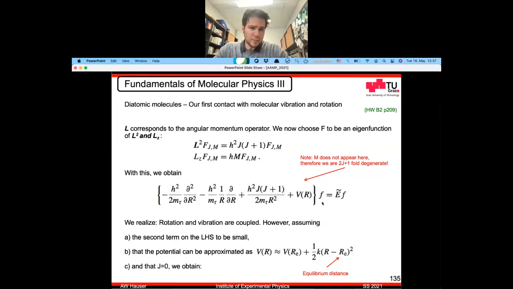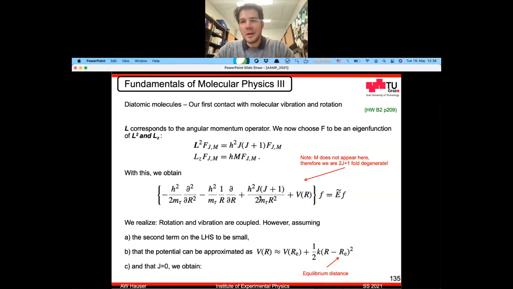And we see that due to the fact that we have a derivative with respect to the internuclear distance, and we have a term that includes the rotational energy, the total energy of the molecule contains two contributions.